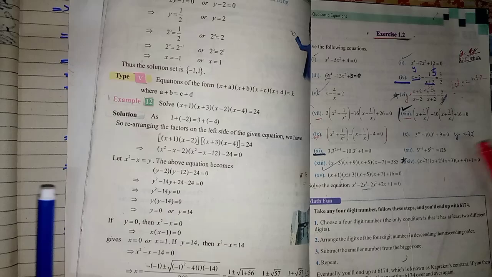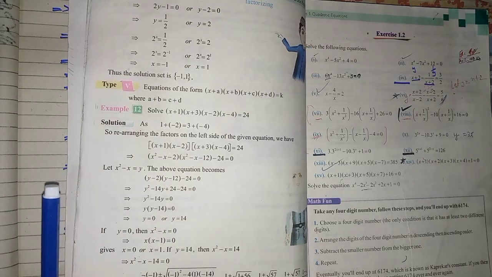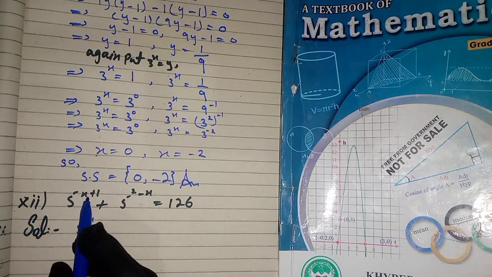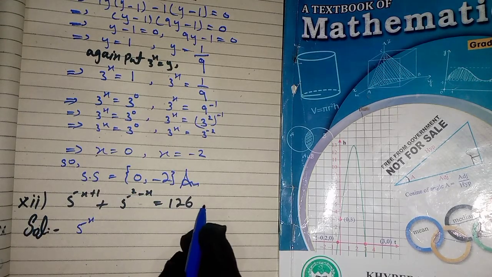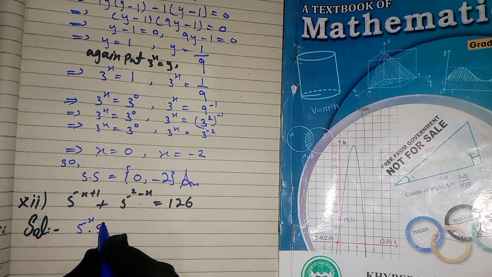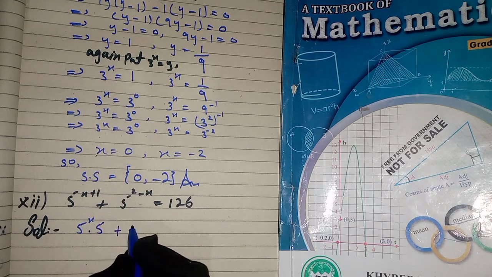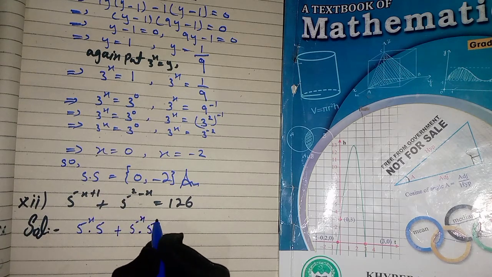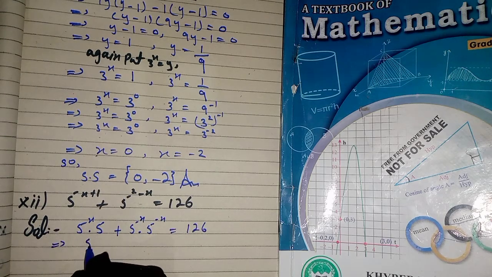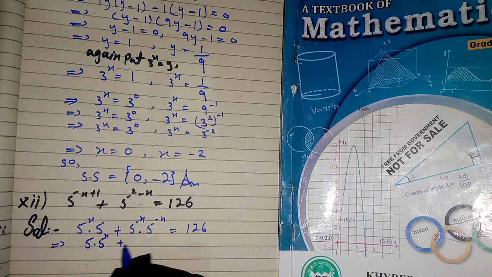Now we solve the next part 12. 5 power x plus 1 plus 5 power 2 minus x equal to 126. We can write as 5 power x into 5. 5 power 1 means 5, plus 5 power 2 into 5 power minus x equal to 126. 5 into 5 power x plus 5 power 2 become 25, 5 5s are 25, divided by 5 power x.